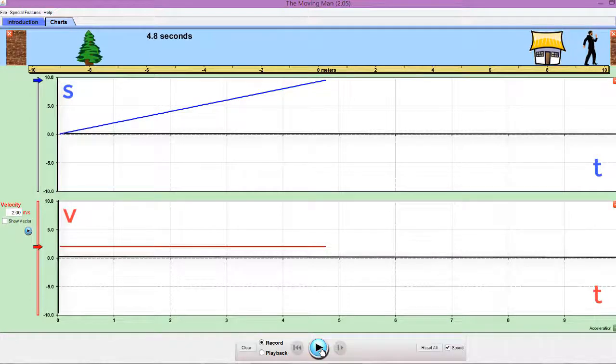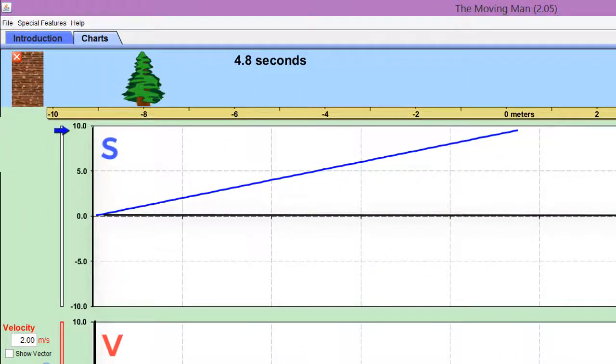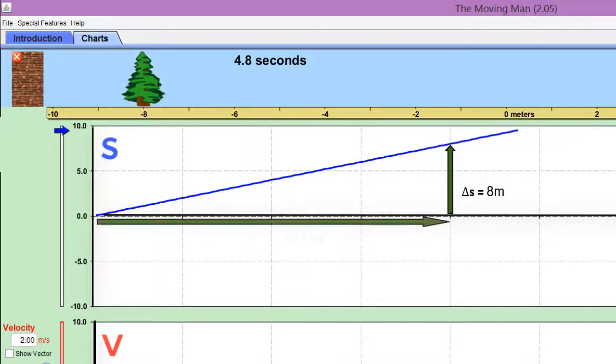Let's take a closer look at these graphs. If we consider only the first 4 seconds, this green arrow represents the displacement over this time. It looks like it's about 8 meters. If we add another arrow to represent the time of 4 seconds, we now have the rise and the run for our graph, and we can use these to calculate the gradient or slope of the graph.